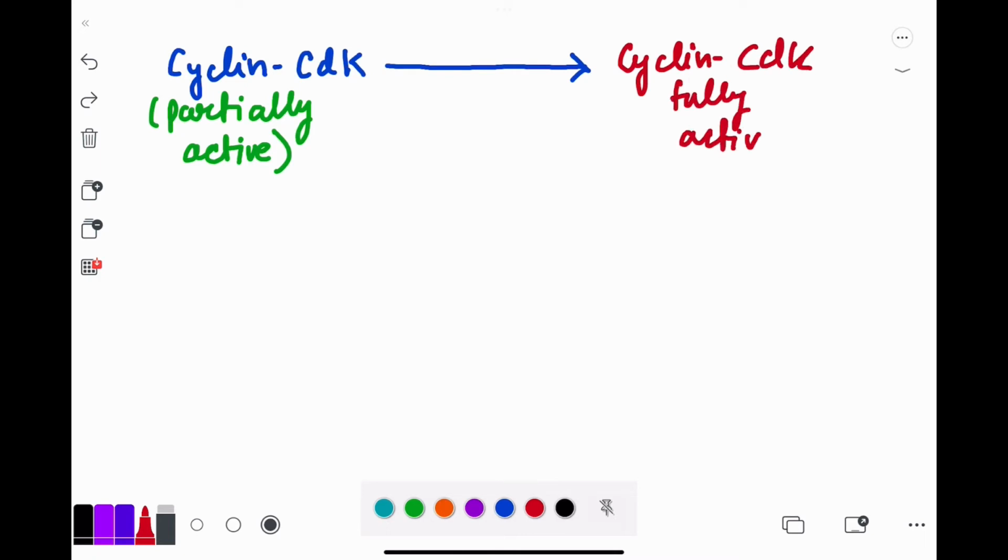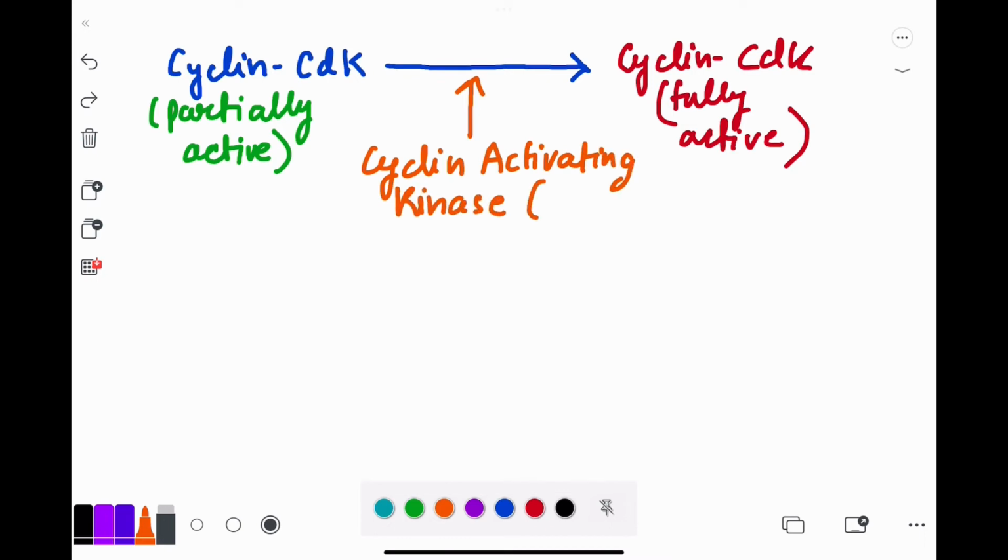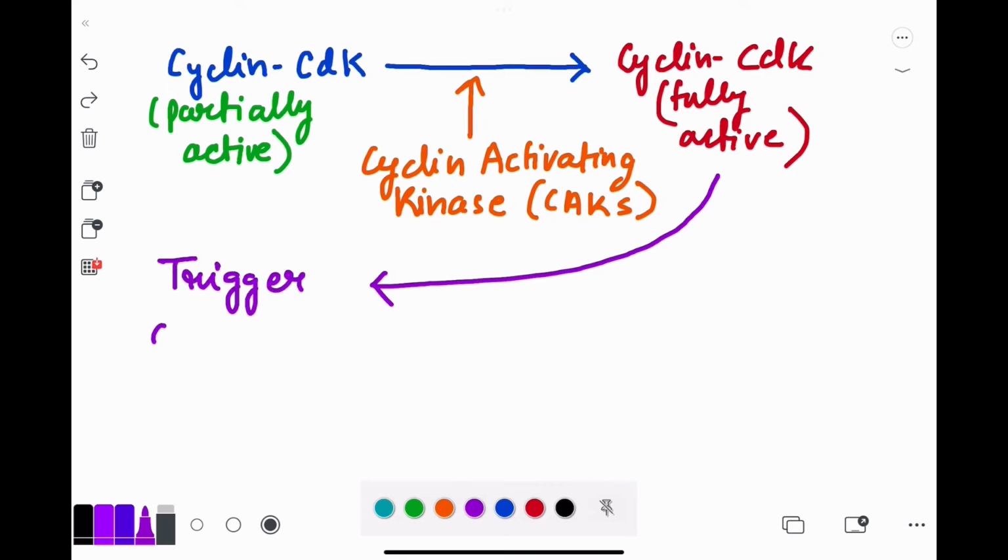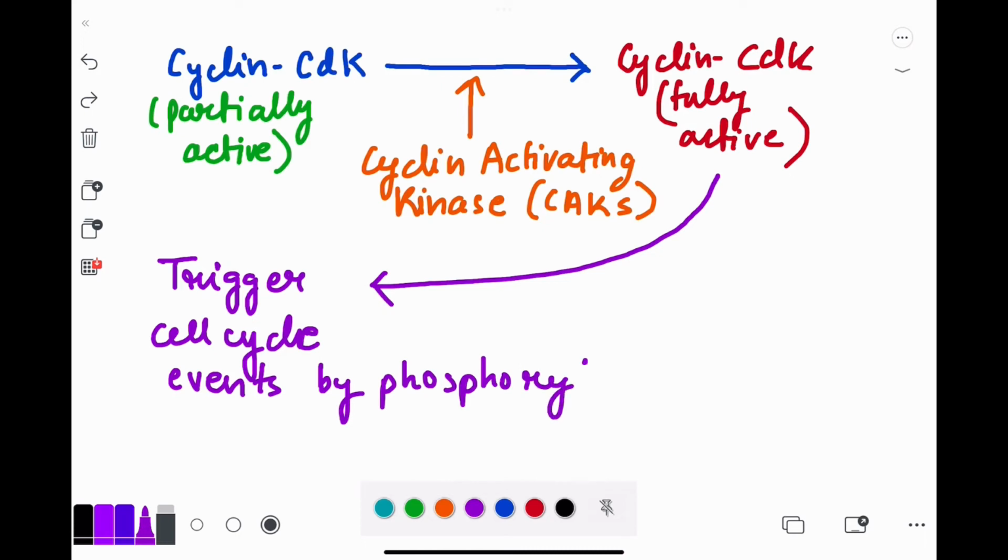there is the action of a type of enzyme which converts it to the fully active cyclin CDK complex. This fully active complex then triggers cell cycle events like the transition from G1 to S phase via phosphorylation of the necessary enzymes.